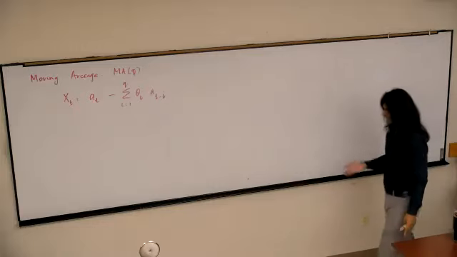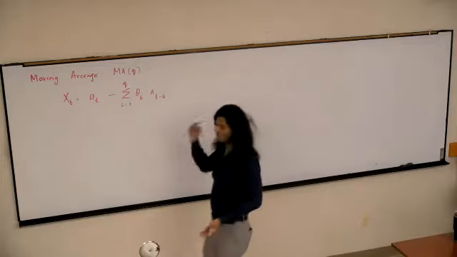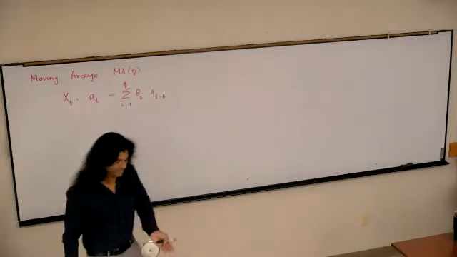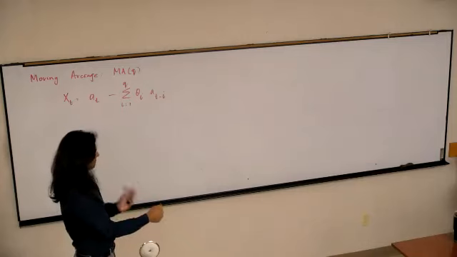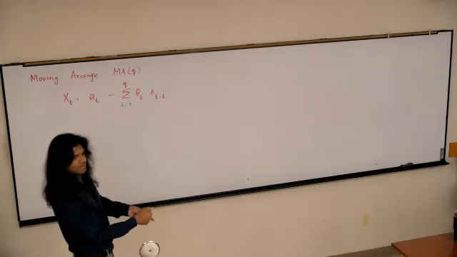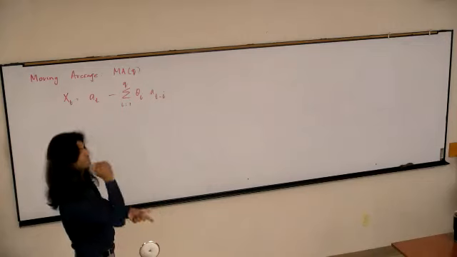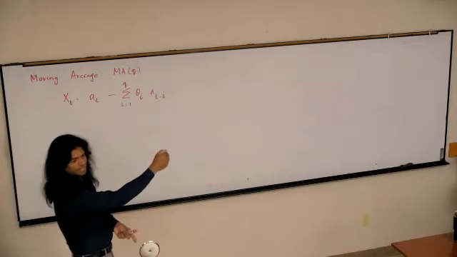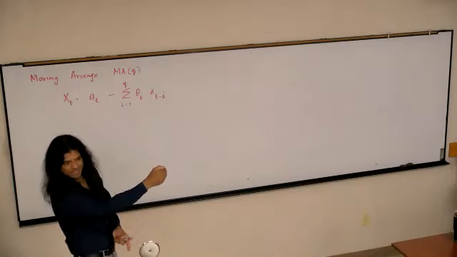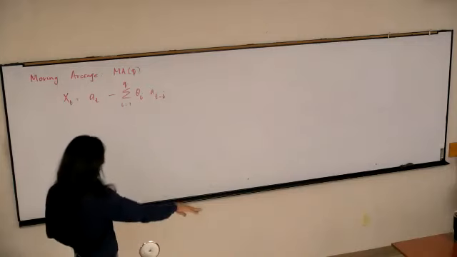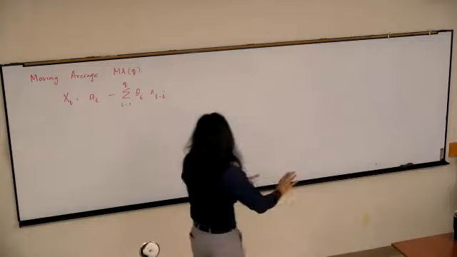There is a practical reason for it, mathematical reason for it, practical reason being, you can't have a 0.8 correlation at xt minus 1 and 0.9 correlation at xt minus 11. That doesn't make any sense, right? It should diminish as time goes by.